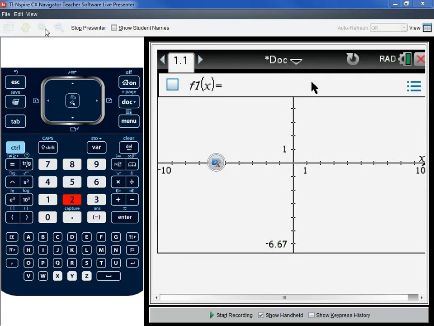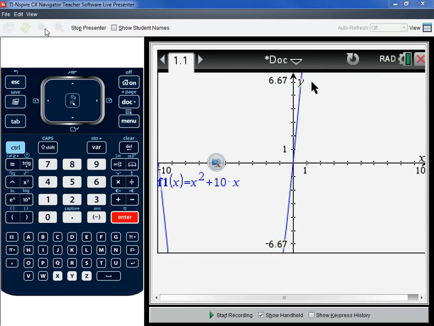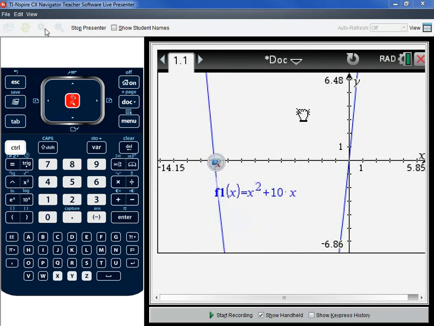Looking at the graph of the expression of the equation x squared plus 10x, my solutions are located in the exact same places that we found when we solved algebraically.